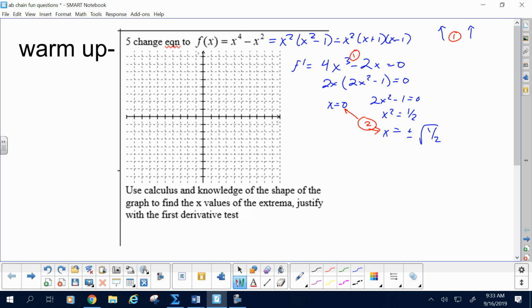And now let's sign test this bad boy. These numbers were not wonderful to sign test. When I go to sign test this, I don't get too into what that number is. I just think, well, let's go something negatively large, like -10. That's negative.